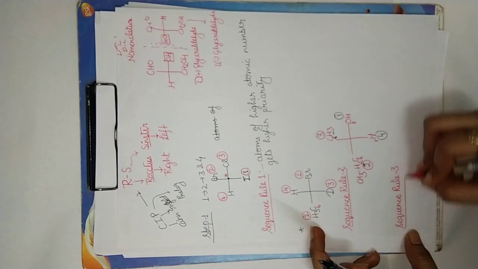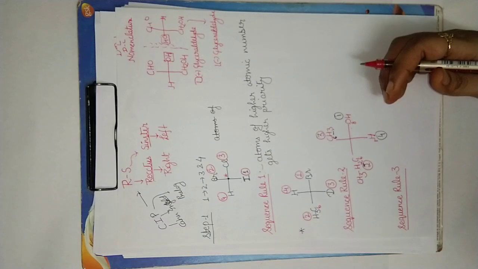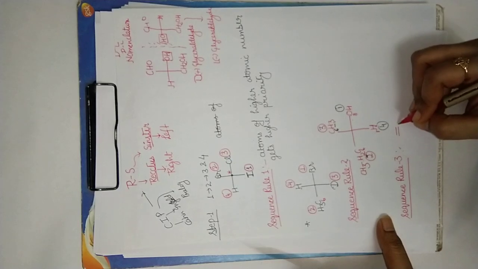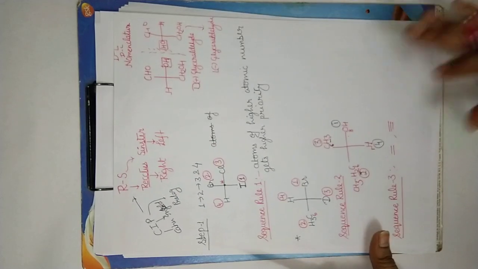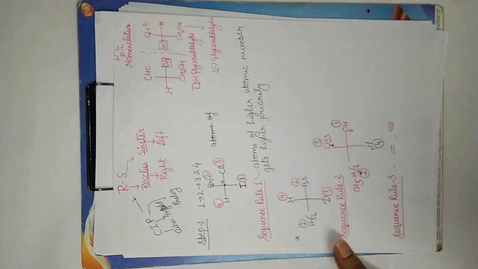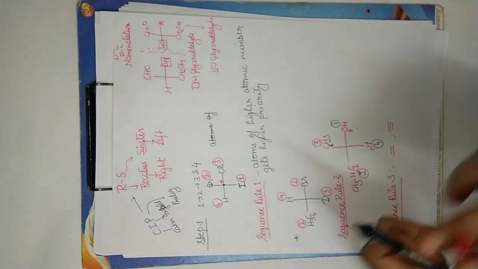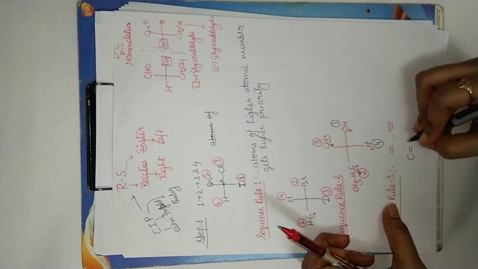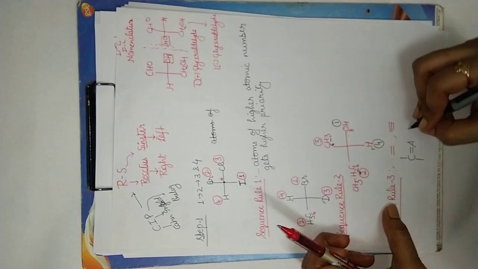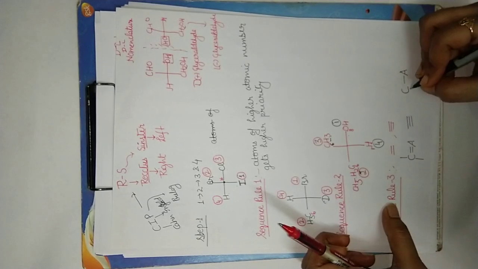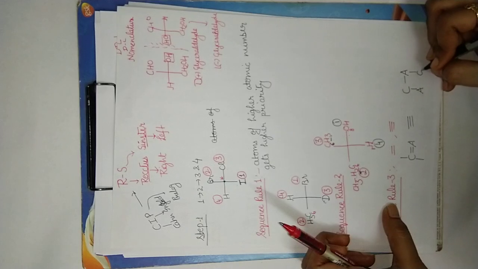Sequence rule 3. If a compound has double bonds or triple bonds, they are treated as if they have duplicate or triplicate single bonds. In other words, each doubly bonded atom is duplicated and each triply bonded atom is triplicated. I mean to say, if there is C double bond A, then it is equivalent to C with A, and here is also A, and this C is duplicated.